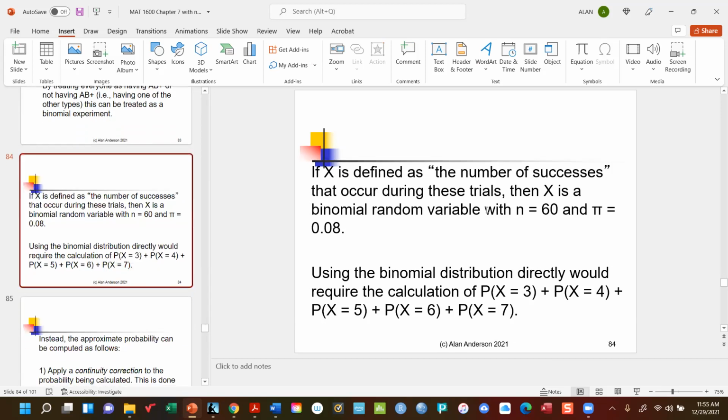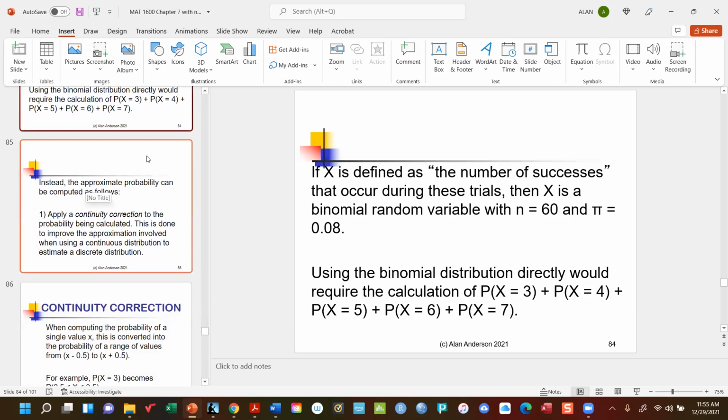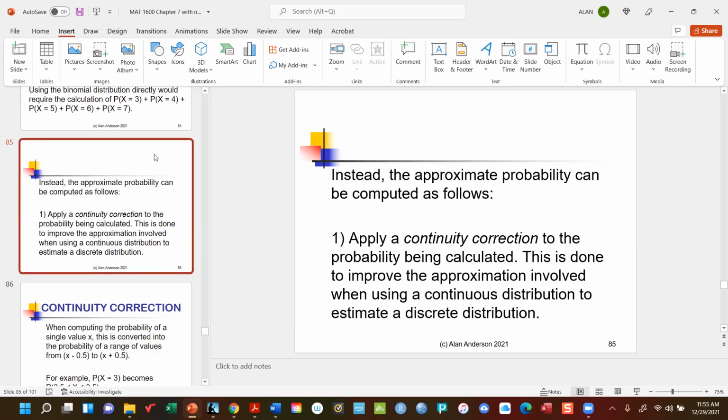Because if you notice, we do have a fairly large number of trials and the probability of success is fairly small. So now here's what we have to do though. Because we're using a continuous distribution to approximate a discrete distribution, there's one step that we have to do first.